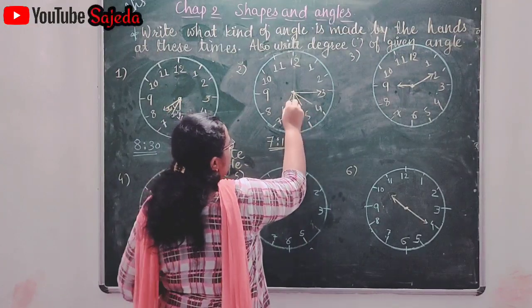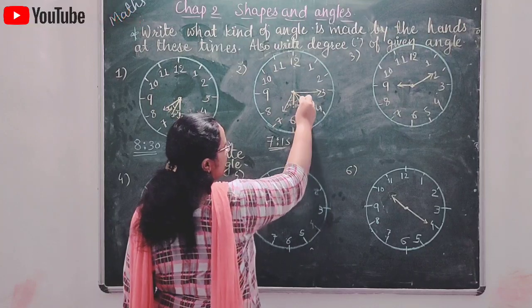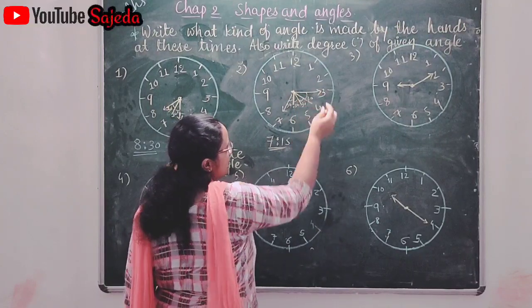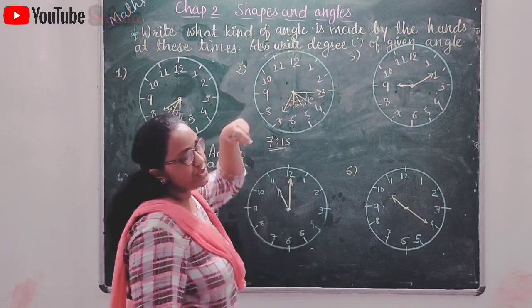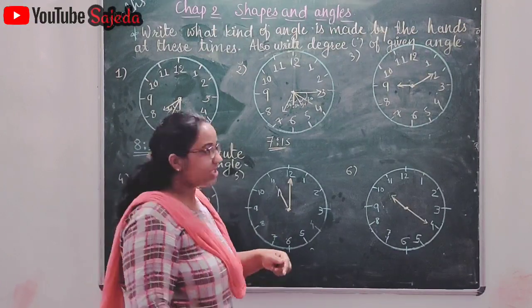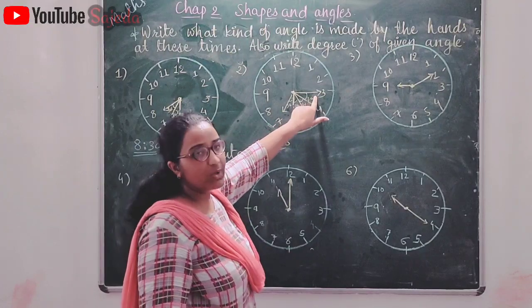So this angle is of 30 degree, between 6 and 5 it is of 30 degree, between 5 and 4 it is of 30 degree, and here it is also 30 degree. So let's add all this 30, or you know repeated addition is also known as multiplication. So here we repeatedly add 30, 4 times.